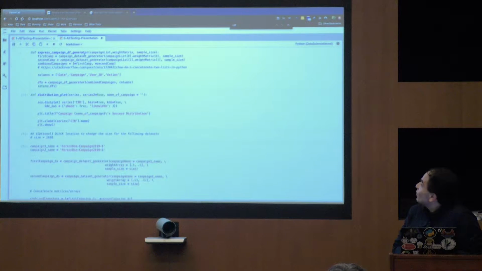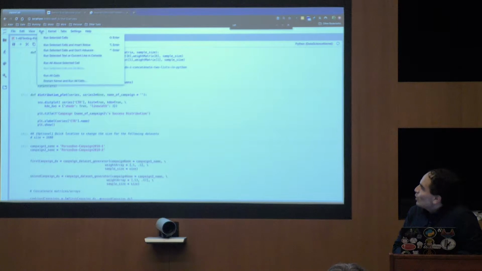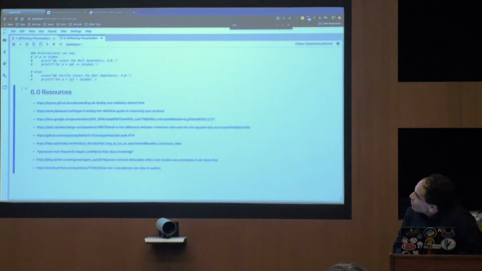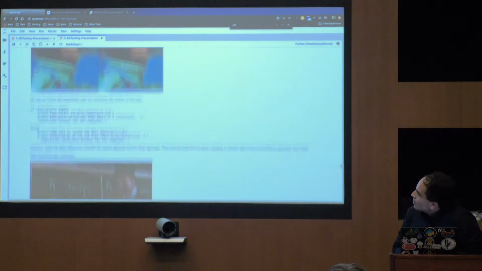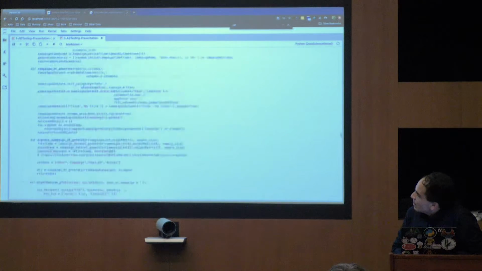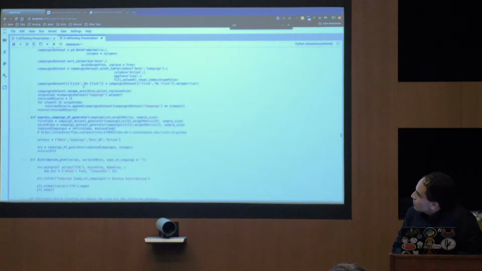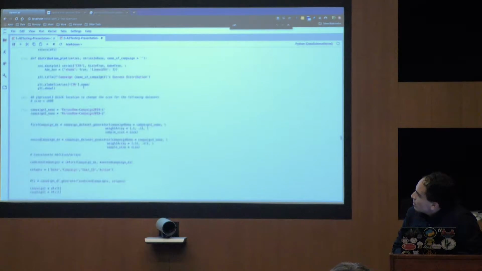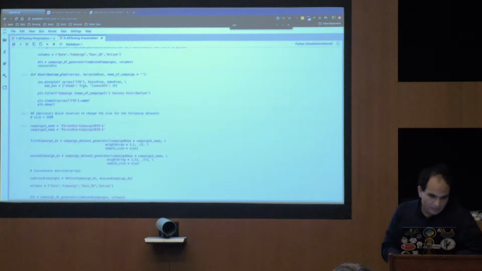I may have to restart my kernel. These are the unfortunate woes of using a Jupyter notebook. Run all cells. Yeah, run all cells. That works. I just have to go to the solution portion. Oh yeah, it looks like it ran.